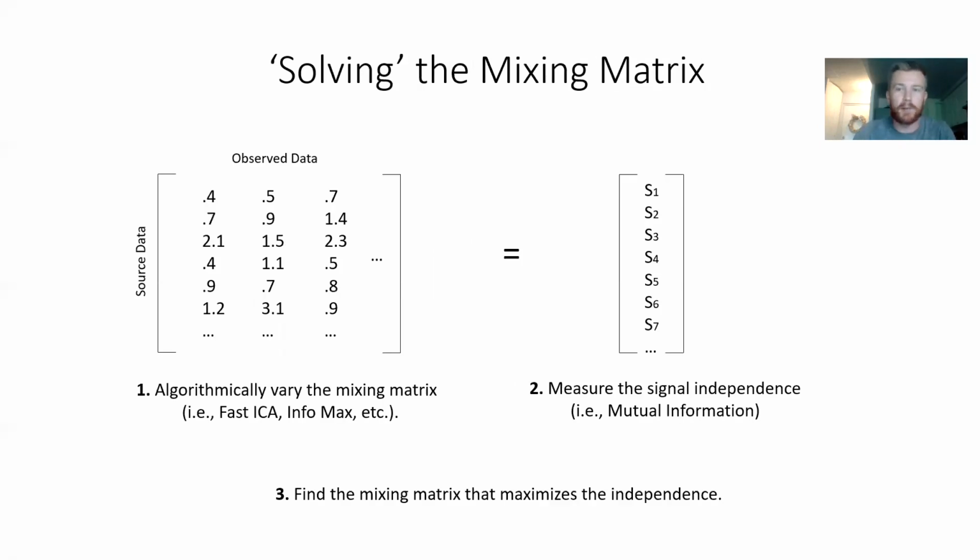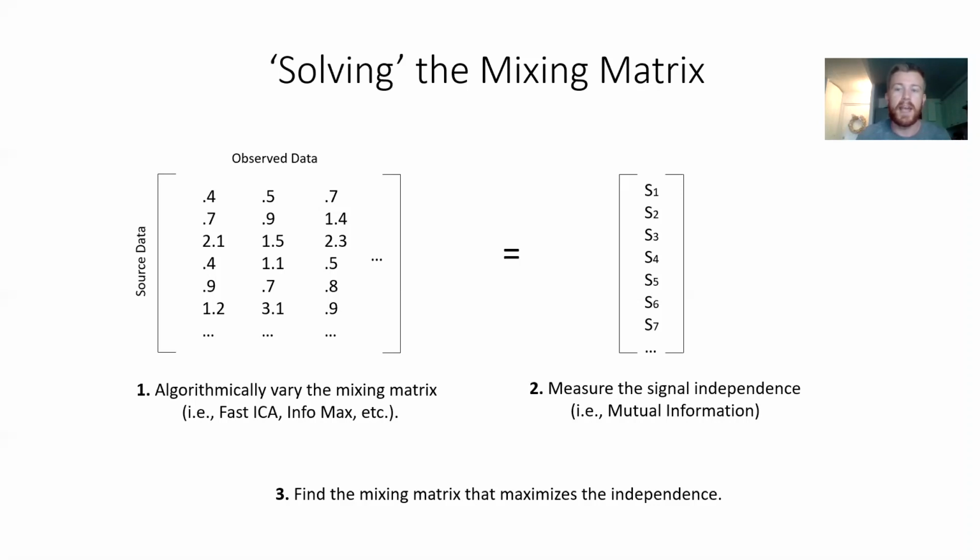In order to solve this mixing matrix, we're going to use some type of algorithm, and we're going to vary this mixing matrix. We're going to try a bunch of different possible combinations, and we're going to find the matrix that minimizes a certain measure that we want to get at in our sources. In the independent components we want, what we want to know is that all of them are independent from one another. As the name suggests, we want to represent the signals we recorded as independent components.